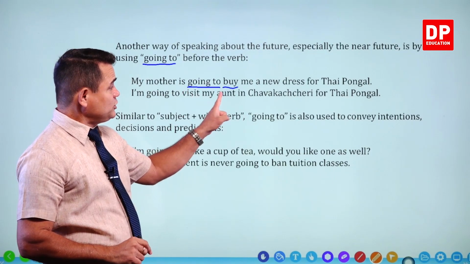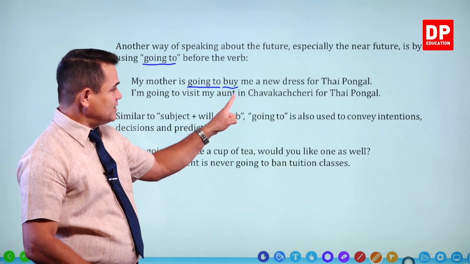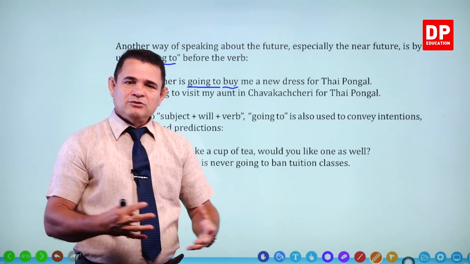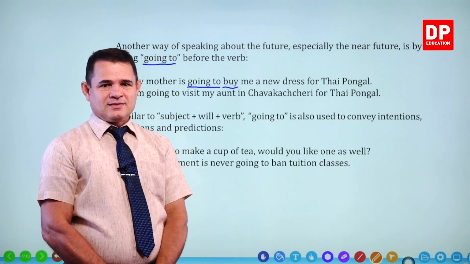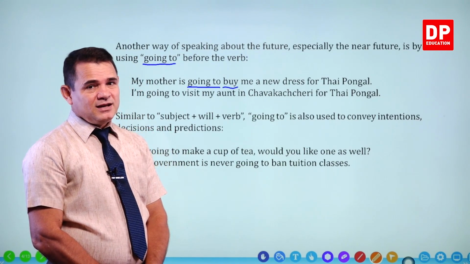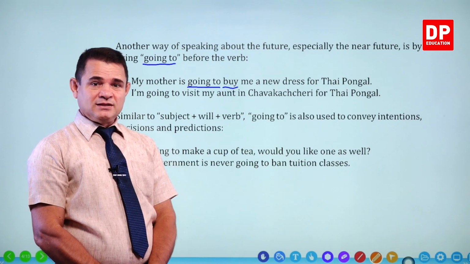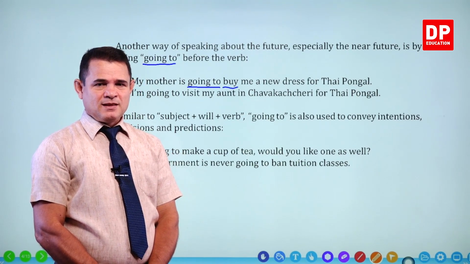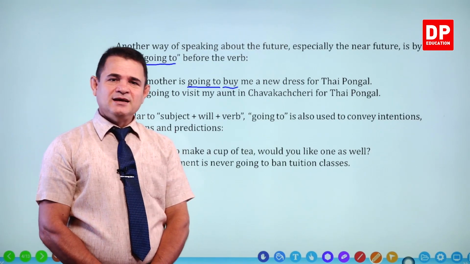My mother is going to buy මිලදී ගන්න යනවා a new dress for Thai Pongal. Thai Pongal වලට අලුත් ඇඳුමක් මිලදී ගන්න යනවා අම්මා. right? එතකොට my mother will buy a new dress කියන්නත් පුළුවන්. my mother is going to buy a new dress කියන්නත් පුළුවන්. but when you tell like that, there is a little difference.